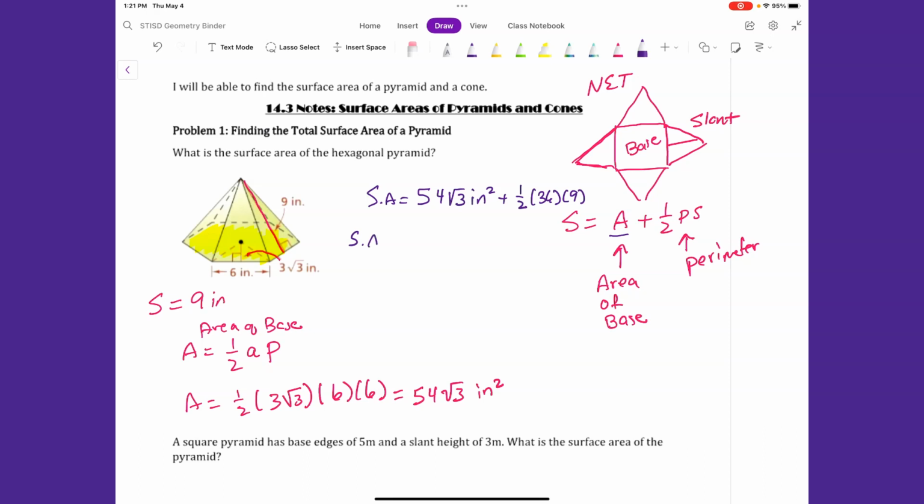So let me go ahead and figure this out. So the total surface area is 255.53 inches squared.